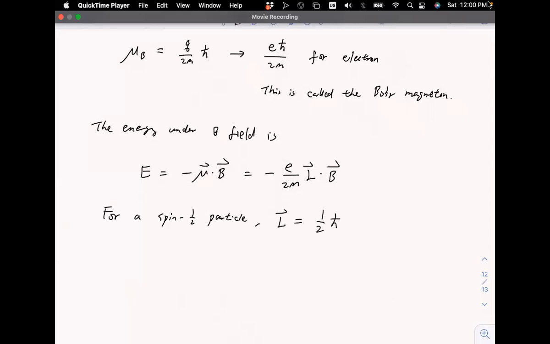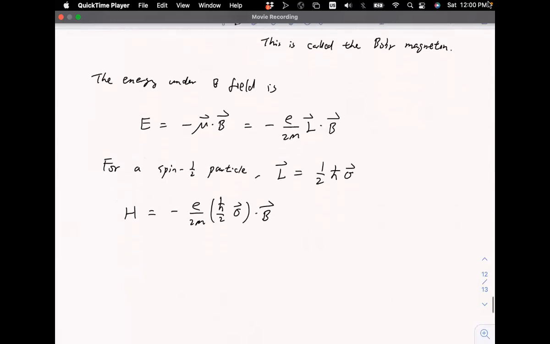Of course, you should add the sigma to make it an operator. Once you make it an operator, it's a Hamiltonian. The Hamiltonian will be negative e over 2m, and then you have h bar over 2, you make it a sigma, and then dot B.